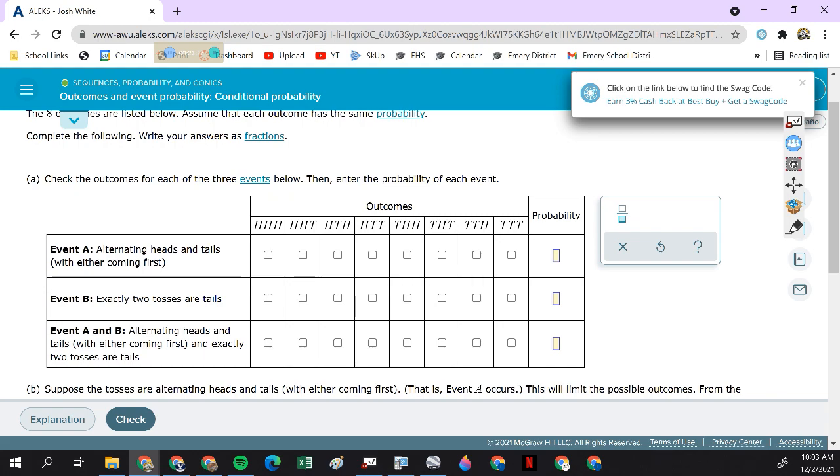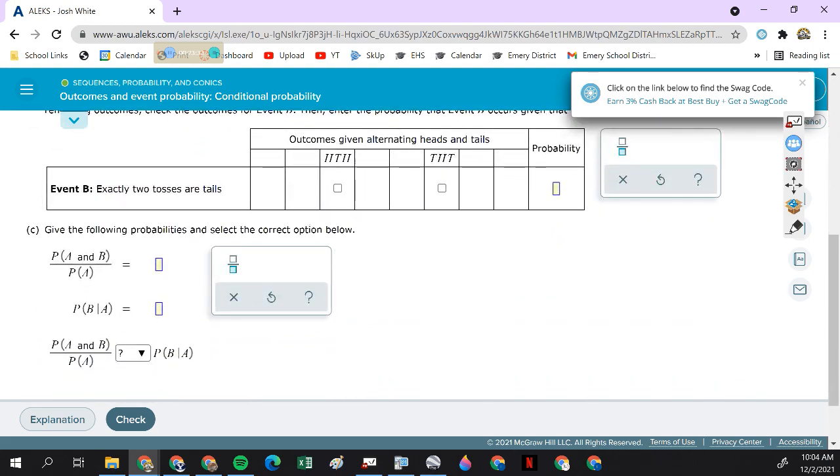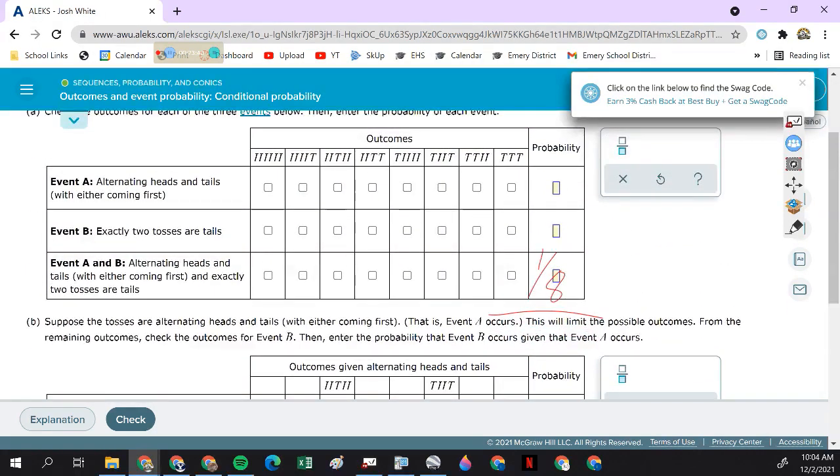There's only one way to satisfy A and satisfy B. So if we go down here, the numerator is 1/8. And then we go back up. What is the probability of A? Well, it was 2/8. So what is 1/8 divided by 2/8? You flip the second fraction upside down, the 8's cancel, and I get 1/2.